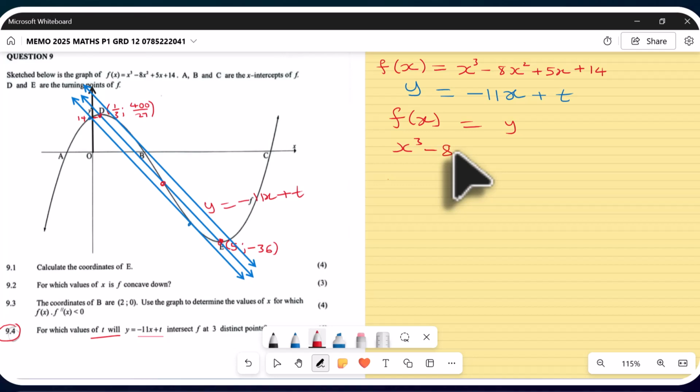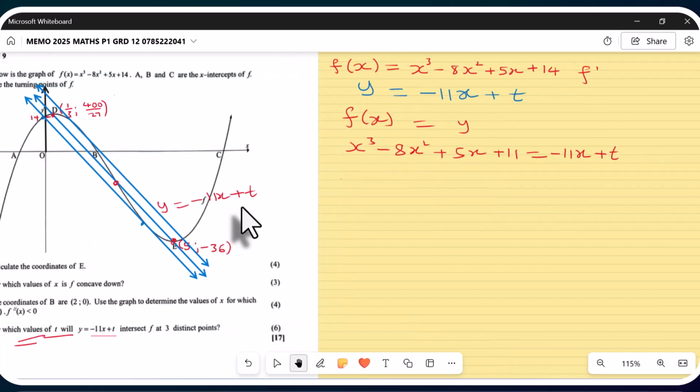So this is equation 1. Now to get my t values, again at the point of contact, the gradient function equals negative 11. I repeat, at the point of contact, the derivative of this function f equals negative 11, because that's a t using equation 1.